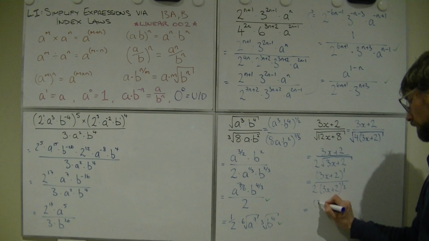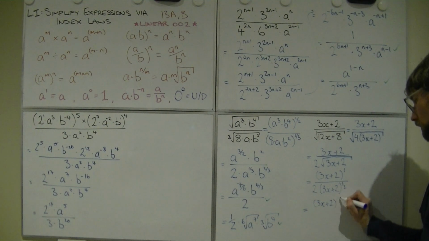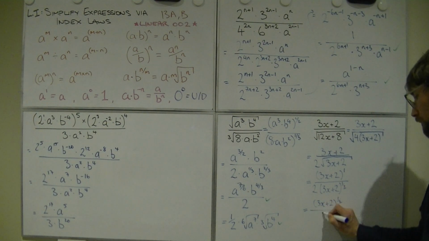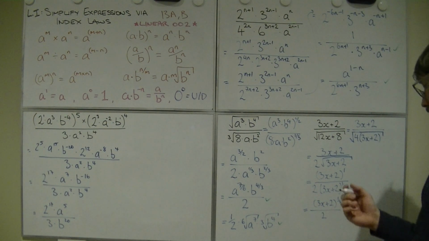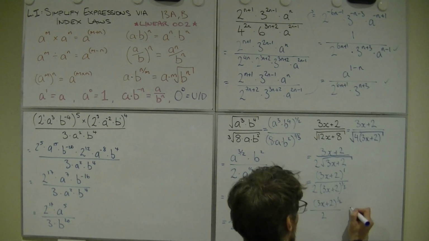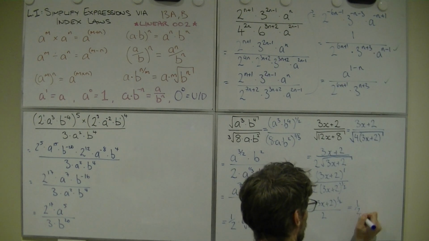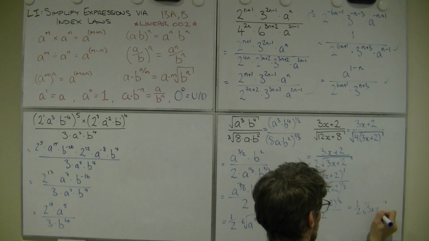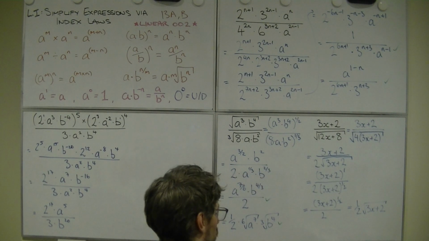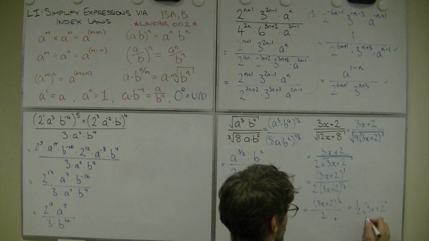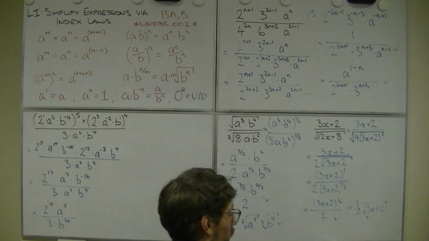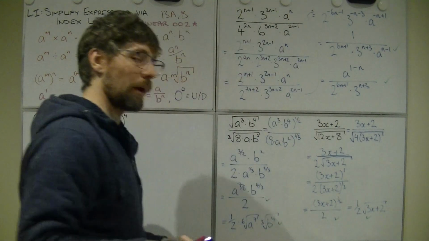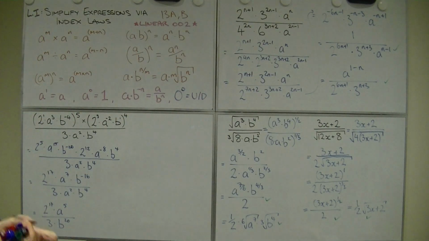So I've got 3x plus 2 to the half all over 2. Or alternately, we could write that as, so that's the 2 coming out the front, root 3x plus 2. So again, either of those are potentially valid. Obviously this one looks a lot neater though, so that's most of the time the way that you're going to see it.